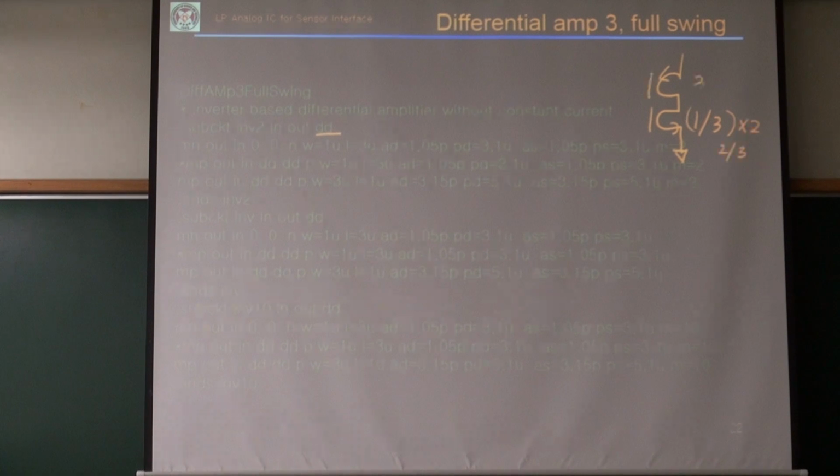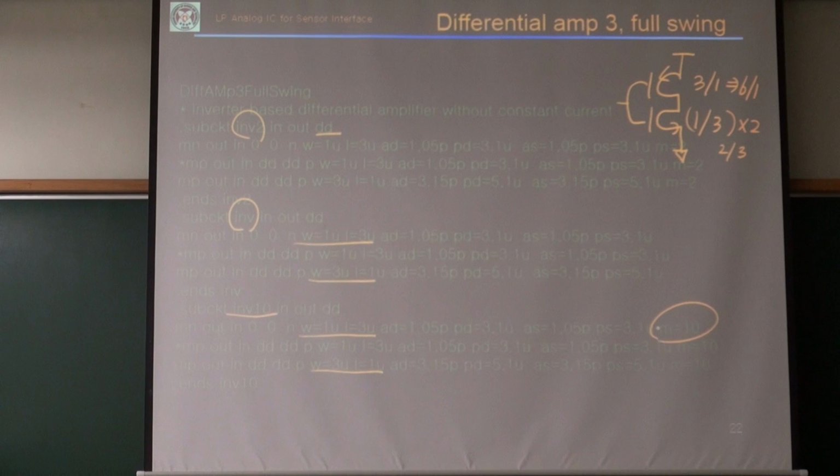And then this is 3 by 1 multiplied by 2. This is 6 by 1 for PMOS, okay? This is my inverter 2, because I have two inverters. This inverter is just no multiplication, 1 by 3, 3 by 1. Inverter 10 is just 10 times of this. So 1 by 3, 3 by 1, multiplied by 10.